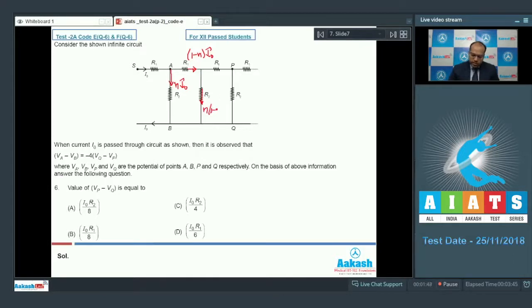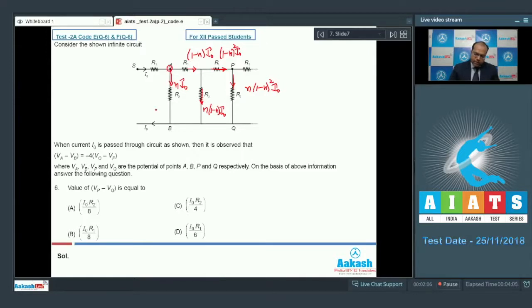So it can be written as 1 minus N into I0, and the current in this will be 1 minus N whole square into I0. So the current in this will be N into 1 minus N whole square into I0.